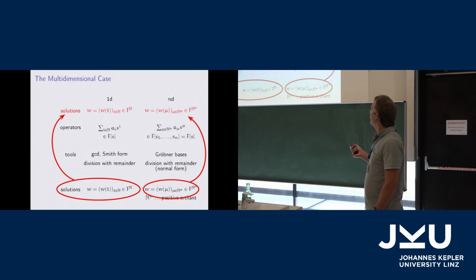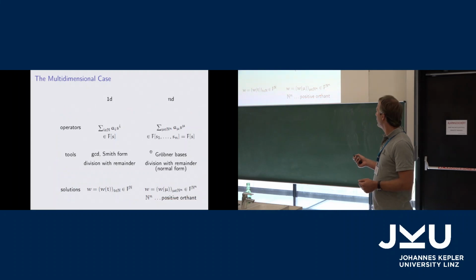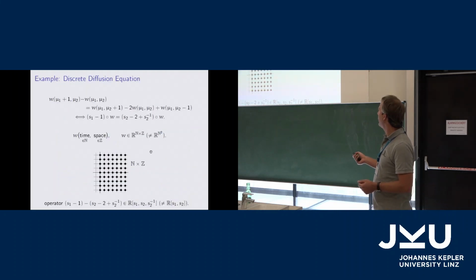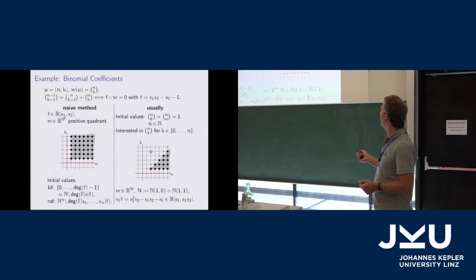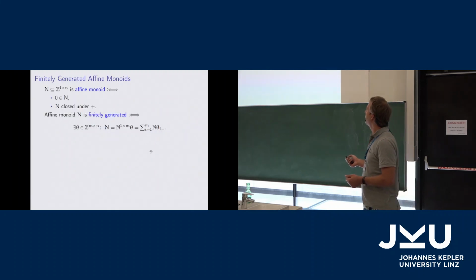So we have to define suitable domains of definition for the solutions at first, and we have to do it in a rather general way such that the examples are included. And both the half space here and the wedge here have the structure of a finitely generated affine monoid.